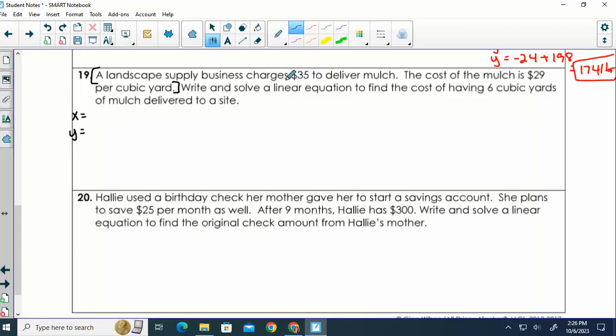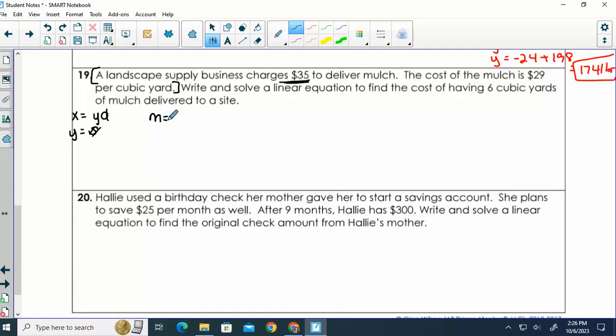We have dollars. The charge is $35. That's the y-intercept, so our y value is dollars. Slope, I also told you, is always y per x, so my y is dollars. My x would be the yards. So my equation, if we have a slope and a y-intercept, is just y equals mx plus b.